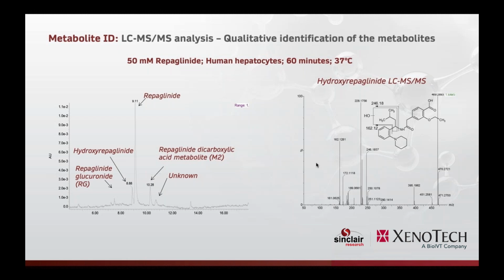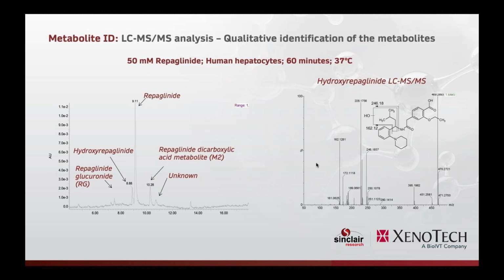Lastly, if the metabolites have a UV signal and are detected in UV, that's more semi-quantitative. So it's a good middle ground, and all these study types are generally run with a UV detector. And using the UV data, you can make the semi-quantitative comparison between the abundance of metabolites that are present.